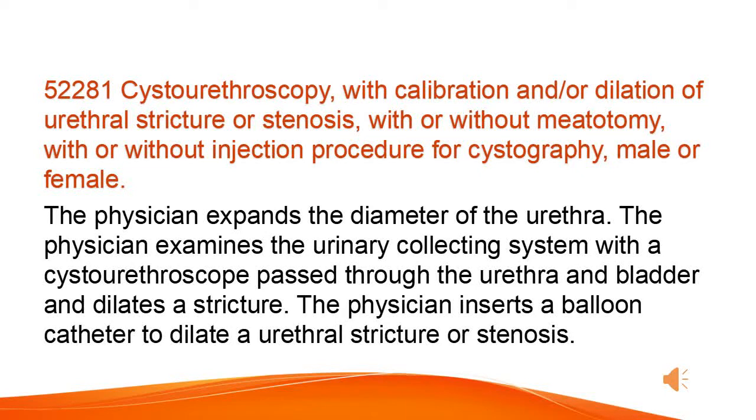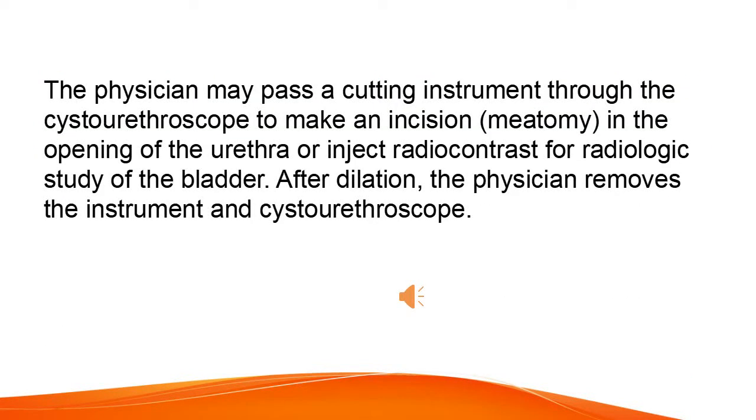The physician inserts a balloon catheter to dilate a urethral stricture or stenosis. The physician may pass a cutting instrument through the cystourethroscope to make an incision, meatotomy, in the opening of the urethra or inject radiocontrast for radiologic study of the bladder. After dilation, the physician removes the instrument and cystourethroscope.